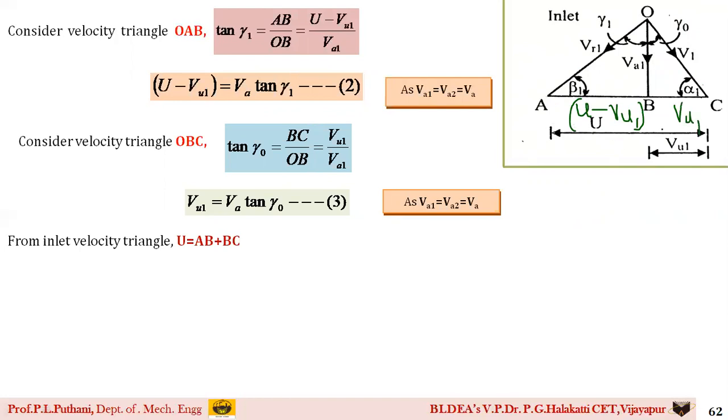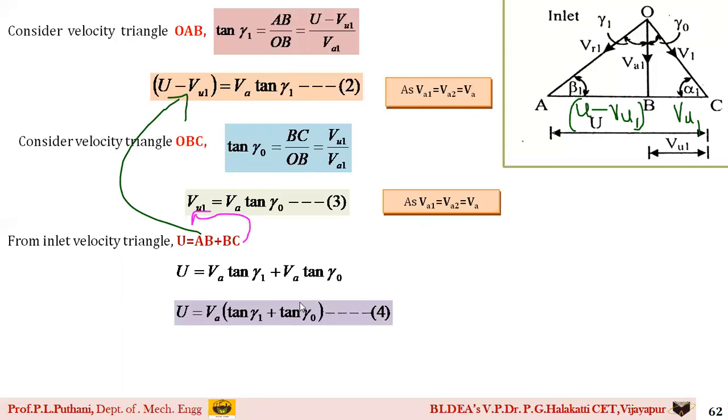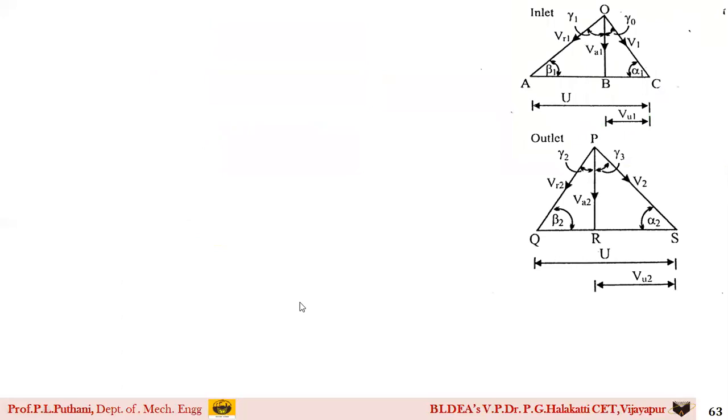So U, that is AC, is equal to AB plus BC. AB value is U minus VU1, similarly BC value is VU1. Now I will substitute and simplify this equation, and write U is equal to VA into (tan gamma 1 plus tan gamma naught).